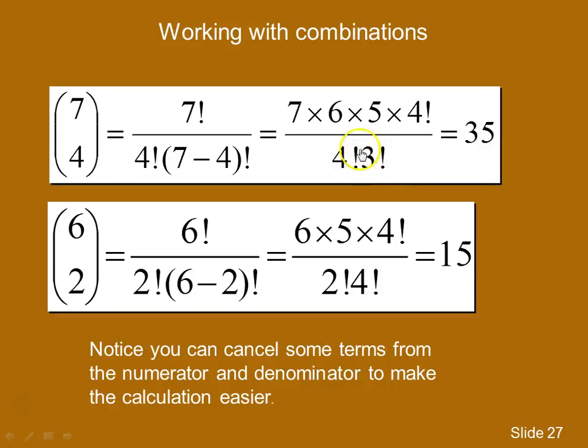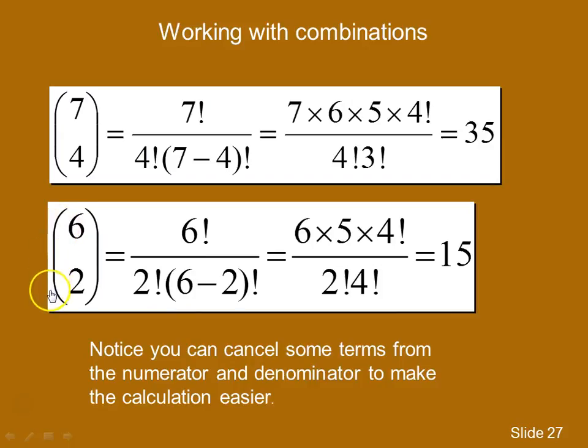Now you can cancel that 6 with the 6 up here, and you're left with 7 times 5, or 35. Many of you will also have a factorial button on your calculators, and you can use that to help you find factorials.